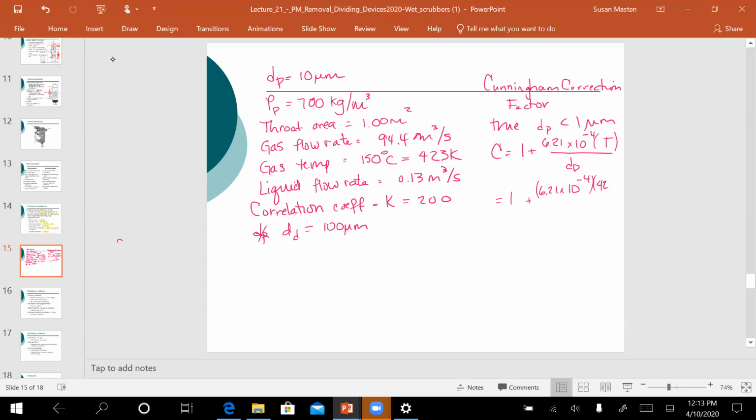So make sure if you're using this, your temperature is in Kelvin, your diameter is in microns, and this is equal to 1.026. So it's about a 2.6 percent change in the velocity of these particles.